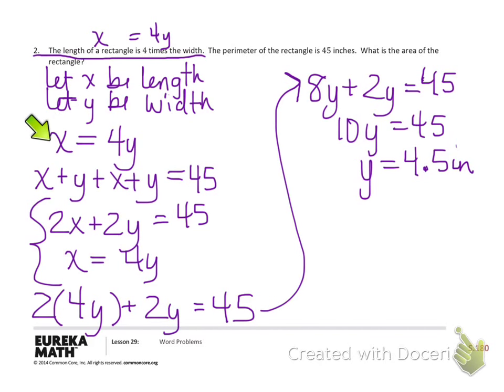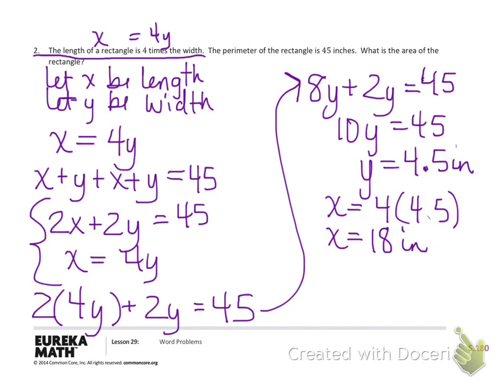To find the length, I'm going to use this equation right here. The length, x, is equal to 4 times the width. So x is equal to 4 times 4.5, which would be 18 inches.